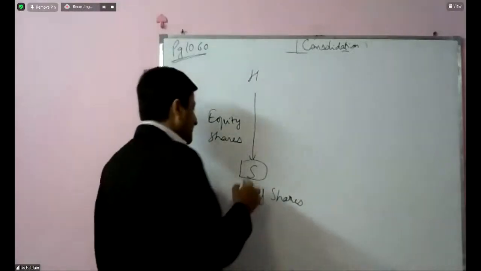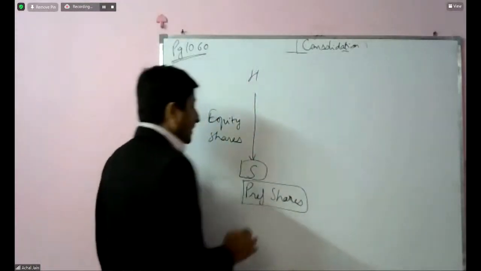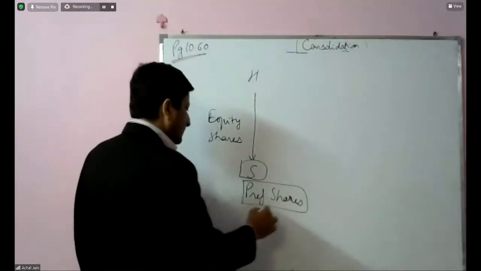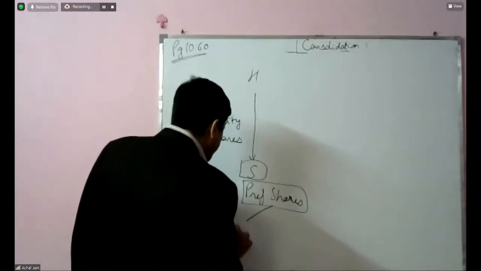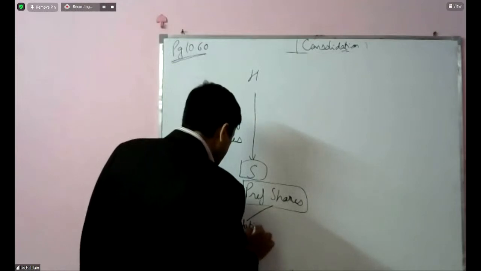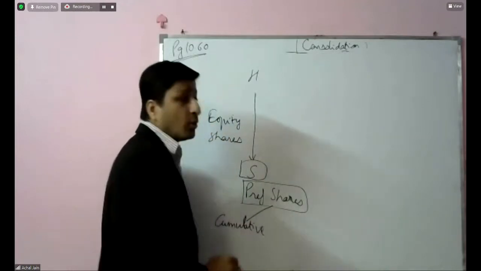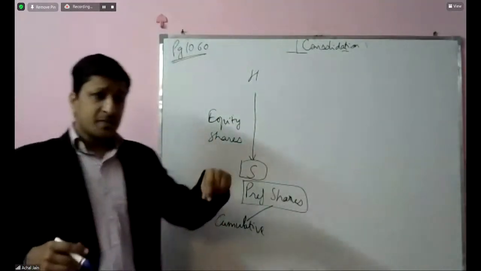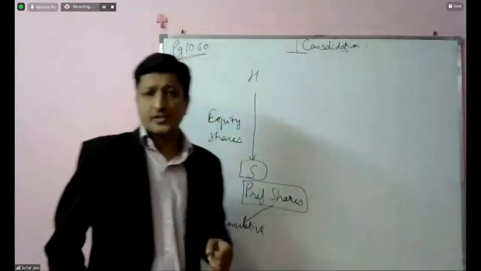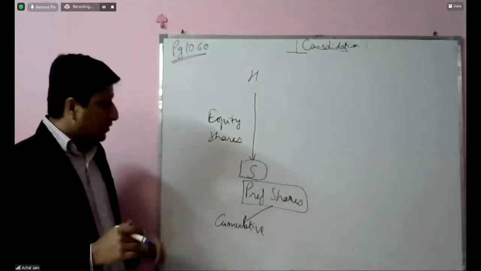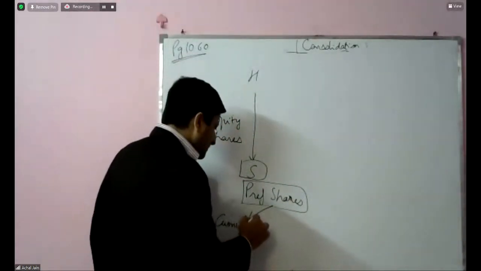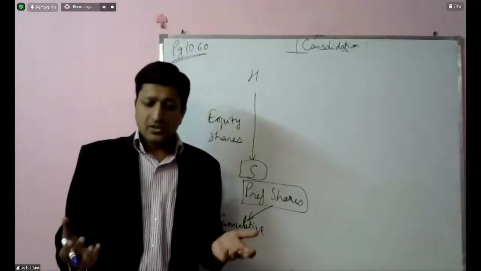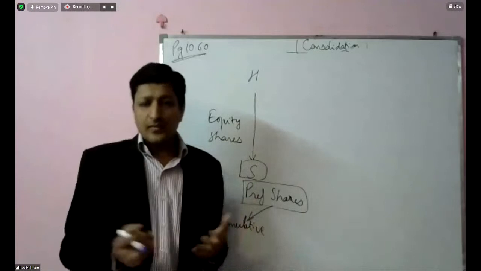Now these preference shares could be of two types: cumulative or non-cumulative. If the subsidiary has issued cumulative preference shares, you will consider them like a liability.